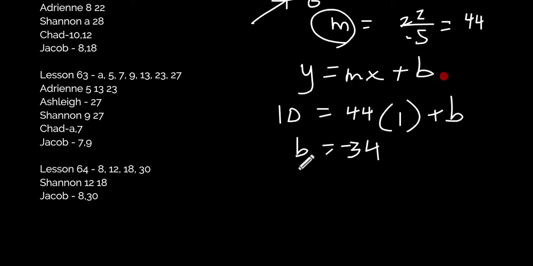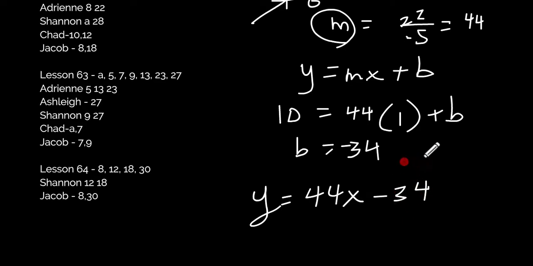Now we put our m and b back in, so we get y equals our m that we found, 44, we put x back in, minus 34. And if you look at the book, it does look like it's going to cross the y-axis somewhere negative, and negative 34 is pretty close to negative 32. So be happy with that. It's really hard to get the exact numbers when it doesn't cross the grid lines exactly.